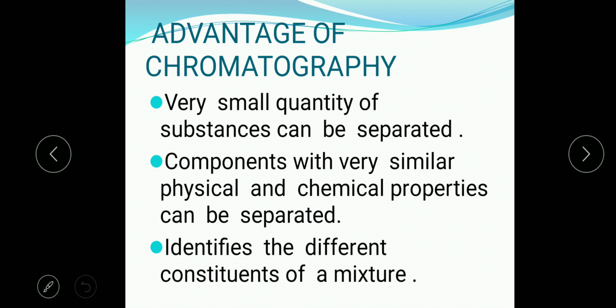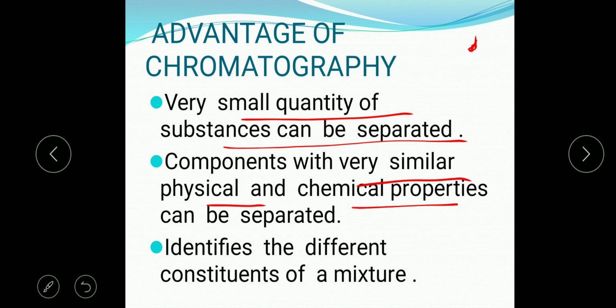Now we have to see the advantages of chromatography. By chromatography, you have seen that just a dot of ink or a dot of chlorophyll is used, and that gets separated. So a very small quantity of substances can be separated by this method, and components with very similar physical and chemical properties, like chlorophyll A and chlorophyll B, also get separated by the process of chromatography.